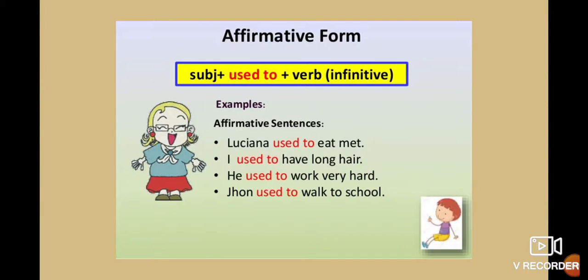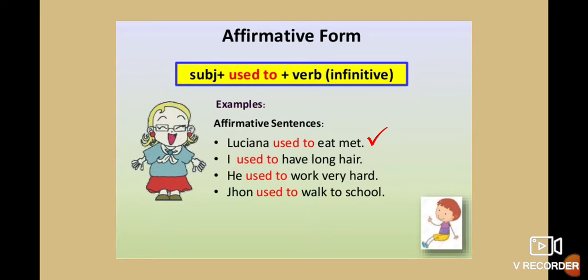Okay, let's continue. Affirmative form. This one is better for understanding. We have the subject, used to, and then you have the verb in infinitive. And we have some examples here. Luciana used to eat meat. If you notice, we have the subject, that in this case is Luciana. Then you have the expression used to, and then you have the verb in infinitive, that in this case is eat.